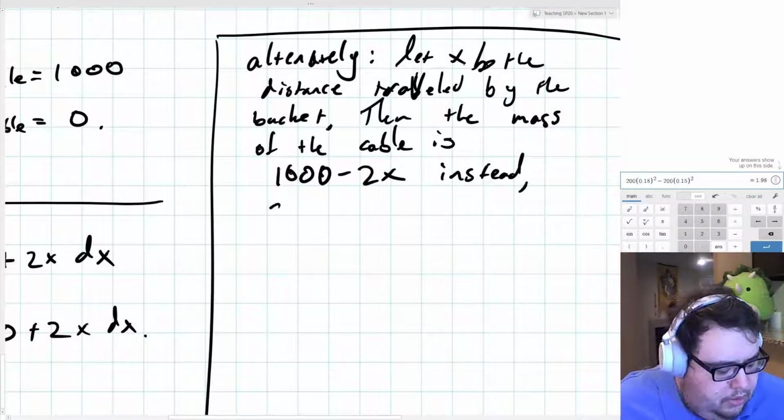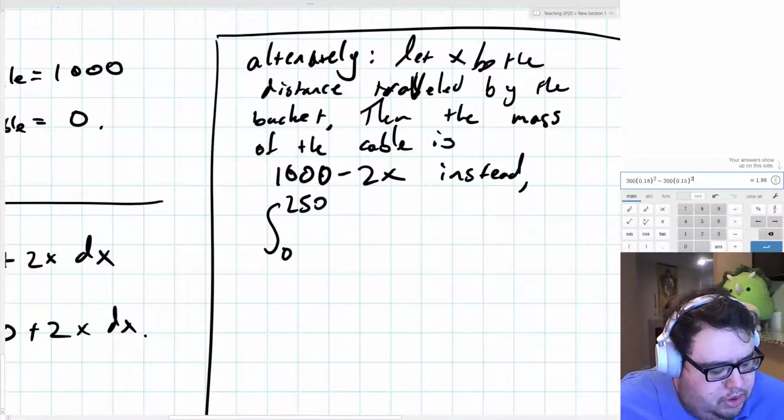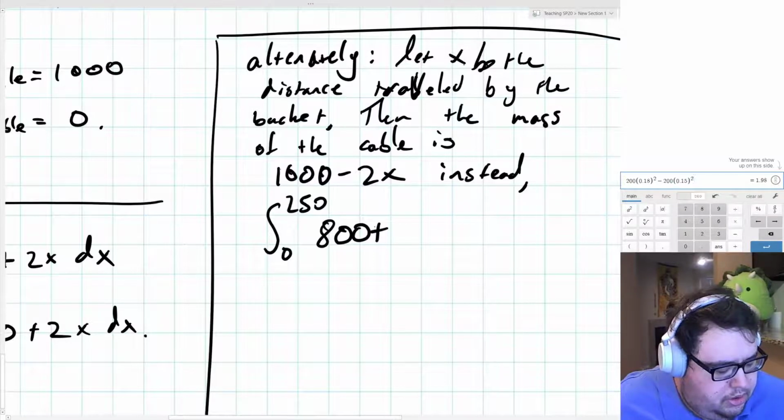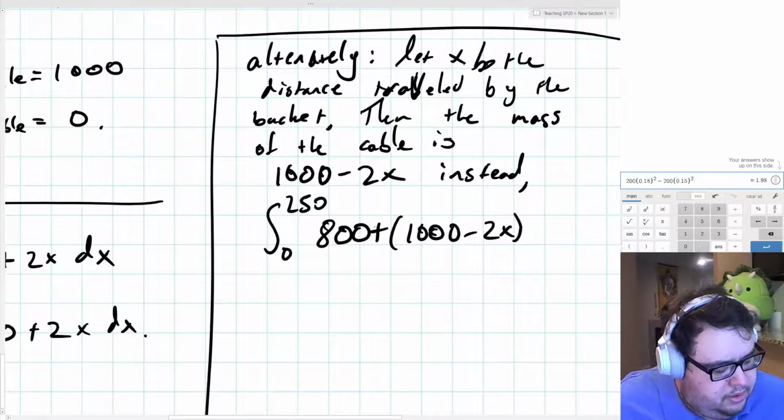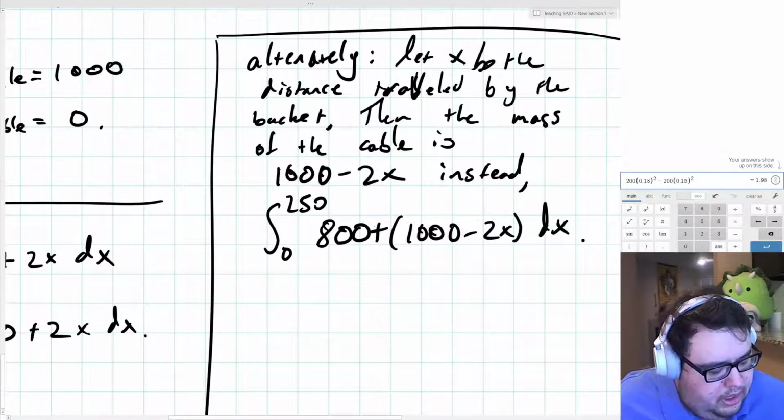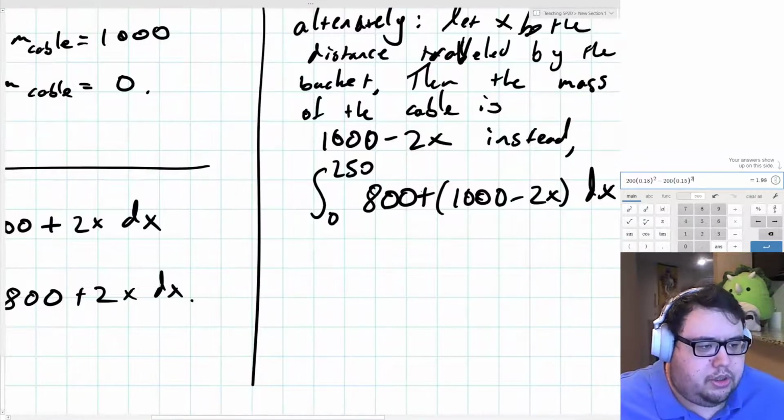And we get the integral from 0 to 250, again for the first half of the journey, of 800 plus 1000 minus 2x dx. And these two integrals should result in the same result.